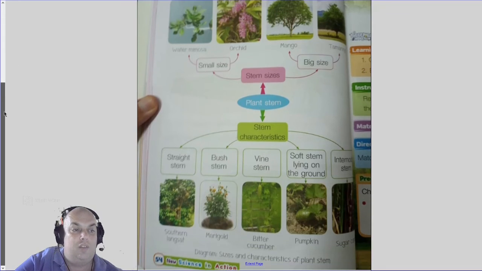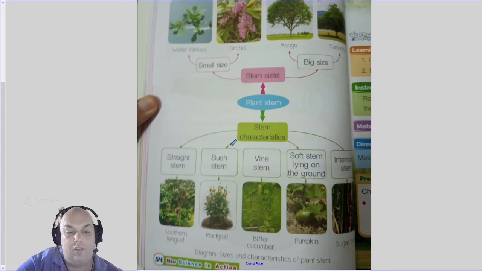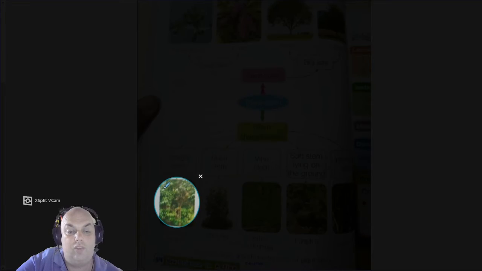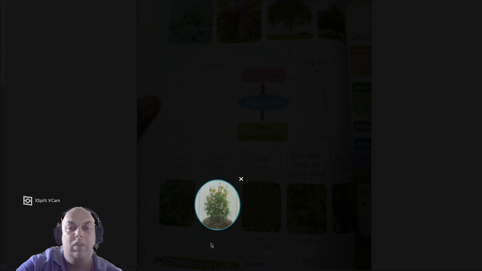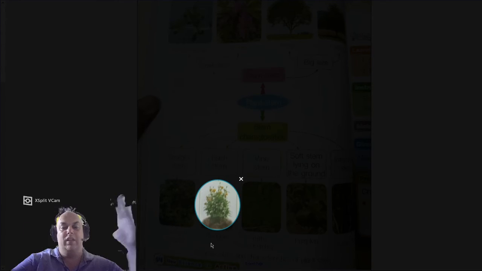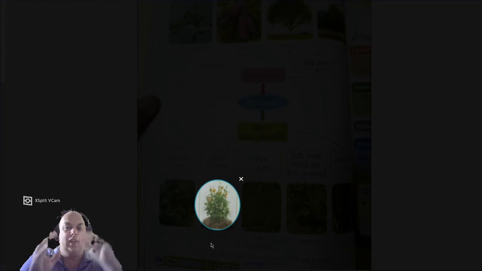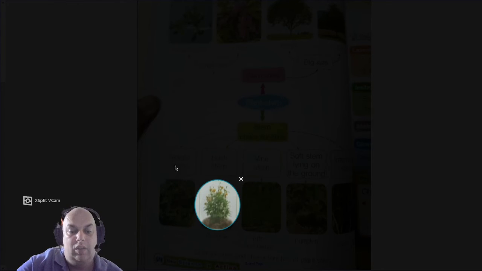Alright, different stem characteristics. We have a straight stem. A straight stem is a stem that goes straight up. Then we have the bush stem. The bush stem from the bottom out has many different stems going in different directions.